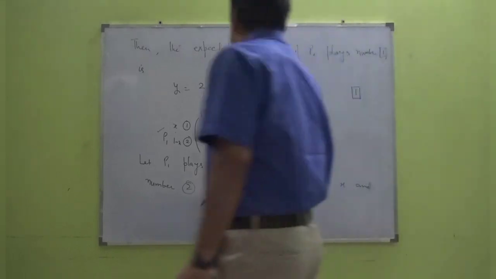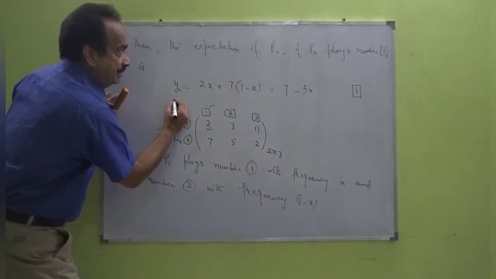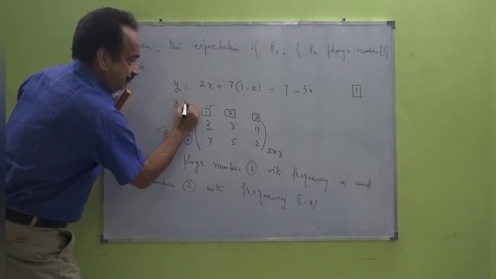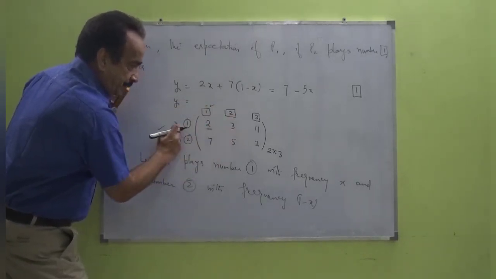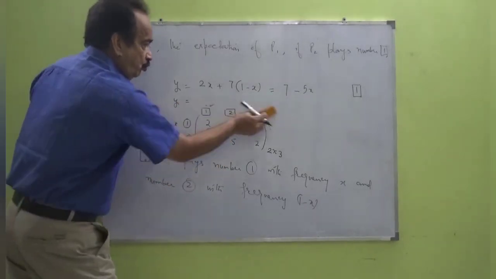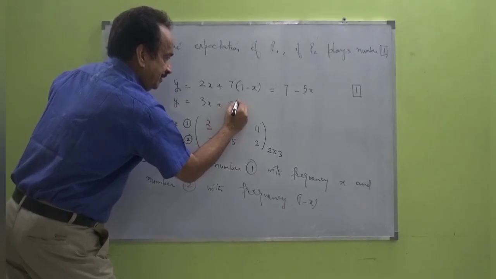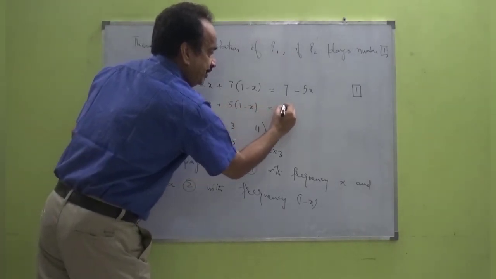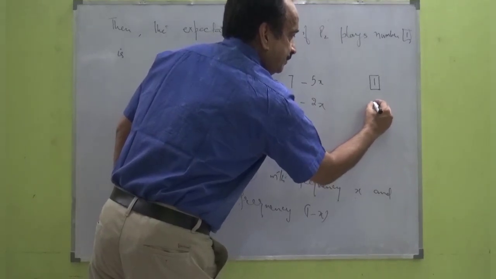Now similarly, the expectation of P1 if P2 plays number 2 will be 3x plus 5 into 1 minus x, which is equal to 5 minus 2x. Let's call this number 2.